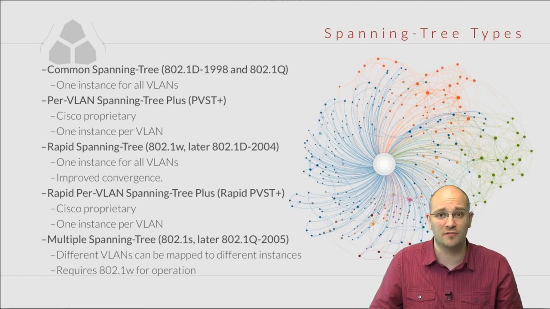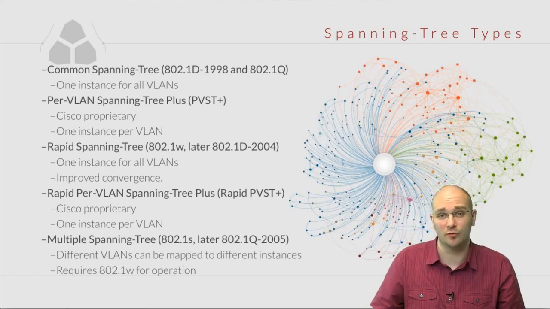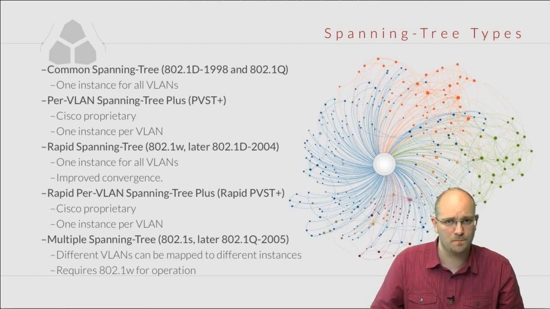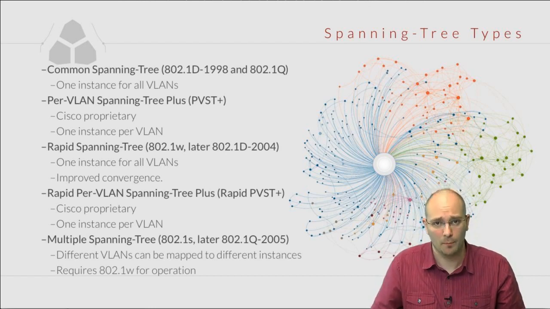If we have 256 VLANs, we are going to have 256 instances of spanning tree. You may begin to see the problem with this approach from the standpoint of the CPU on the switch. Both of these are relatively slow to converge in case of a problem in the network, in case of a failure, link going down or link going up.